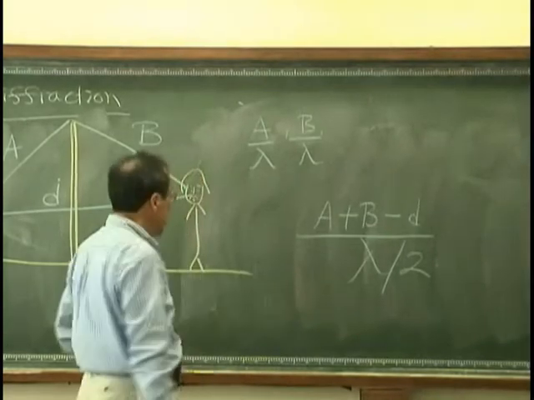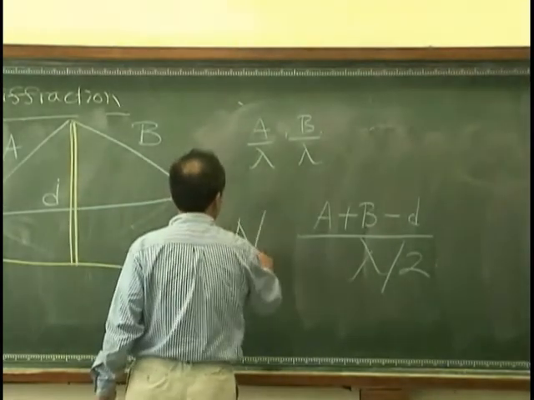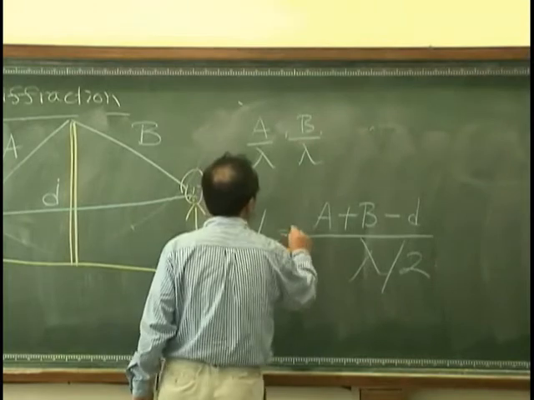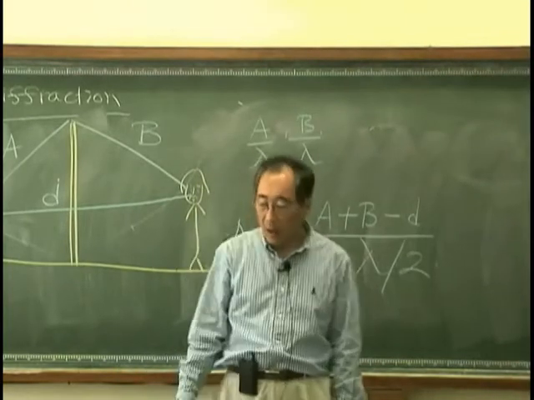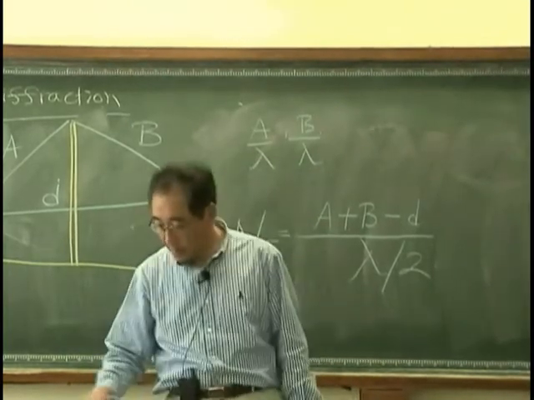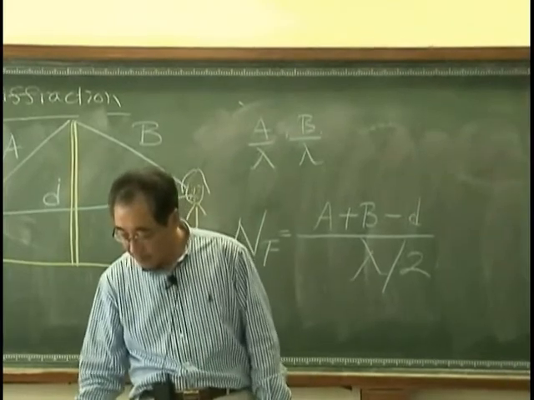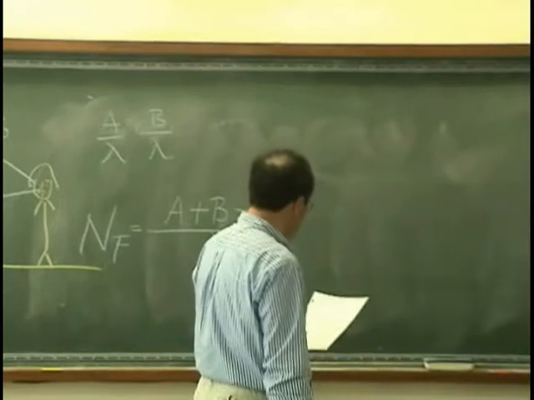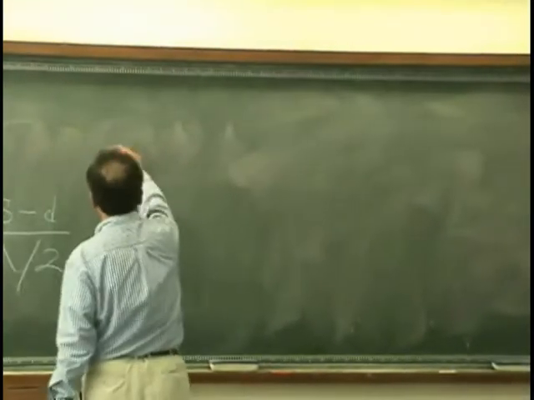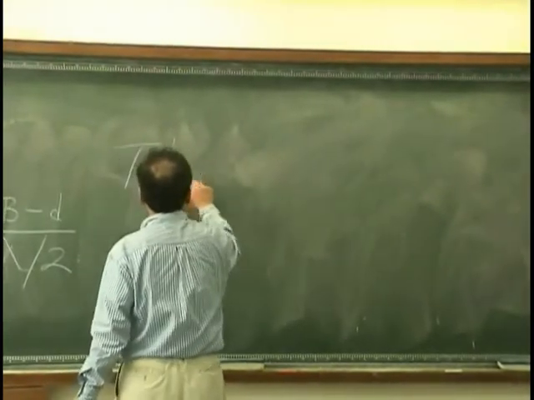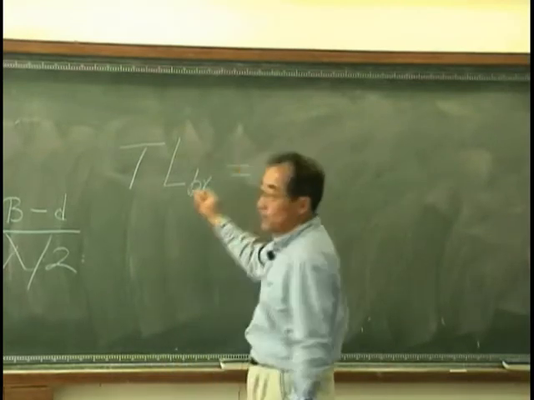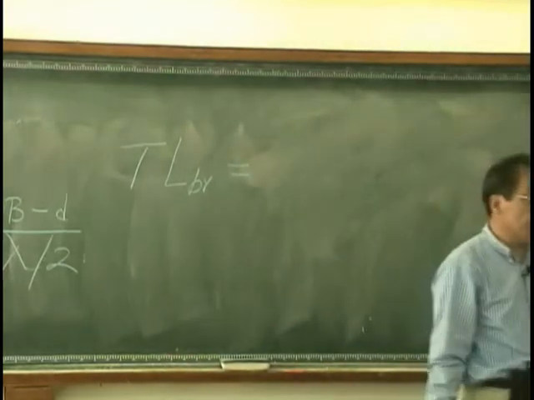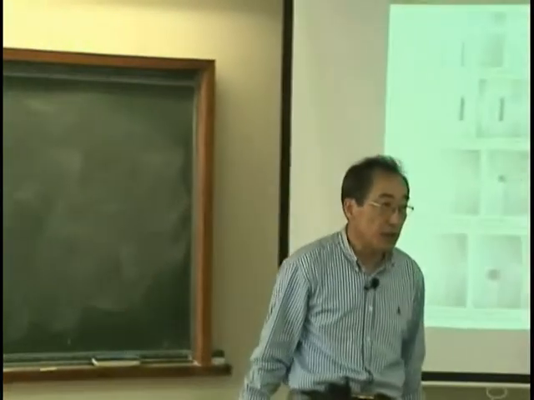Doesn't really matter, and we call this Fresnel lambda. And we found that the transmission loss using a barrier is very much related with this convenience of Fresnel lambda.